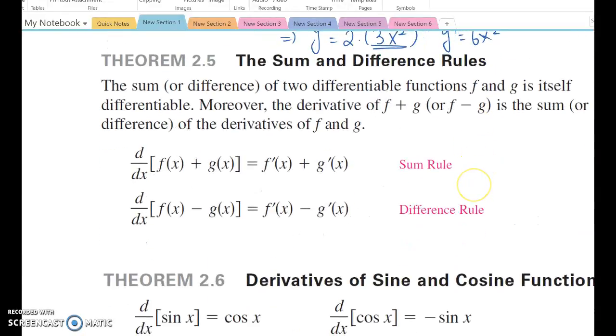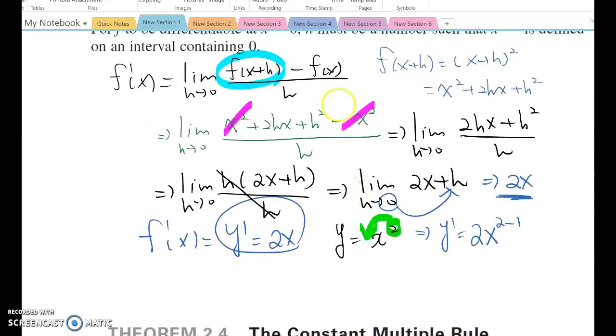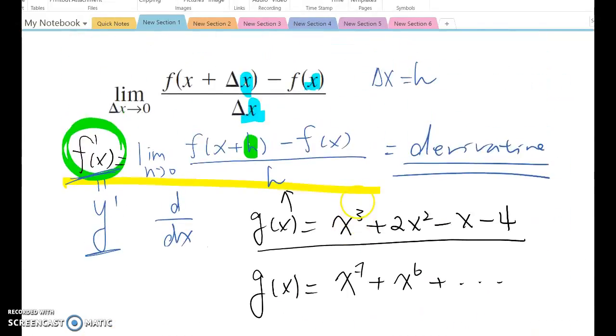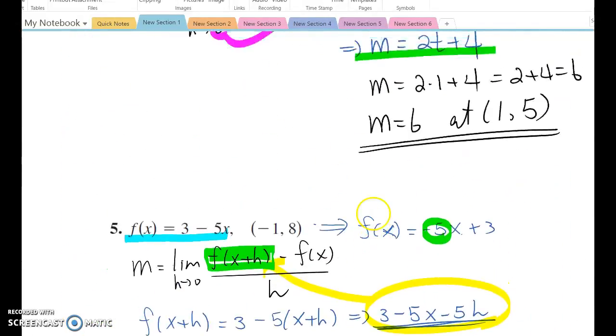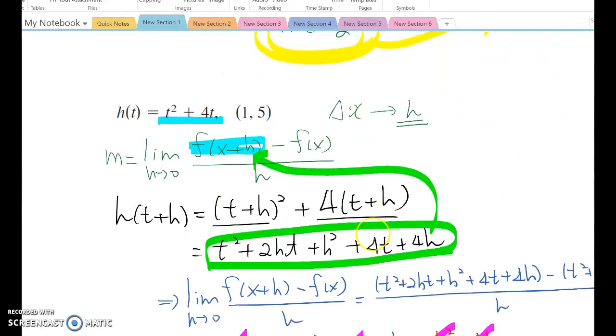Now, the sum and difference rule. Whenever the function form is f(x) plus g(x), then you just do f prime x plus g prime x. Subtraction as well. So f(x) minus g(x), then you do f prime x minus g prime x. This one we can confirm from the previous example, such as this question here. Look at this, please. So we have t squared plus 4t here, right?